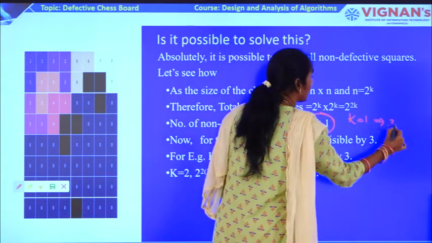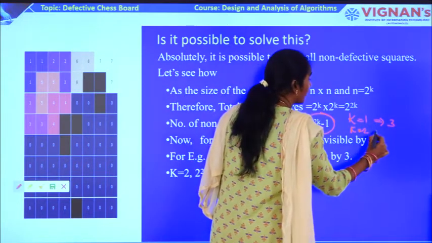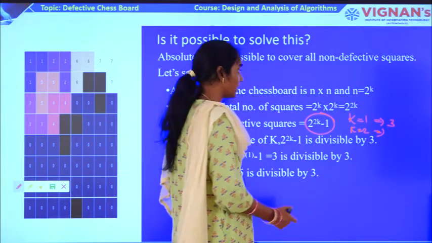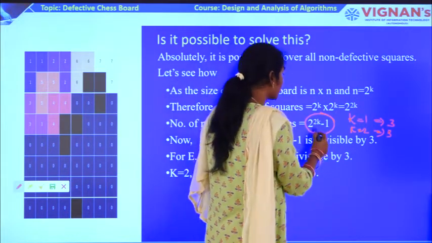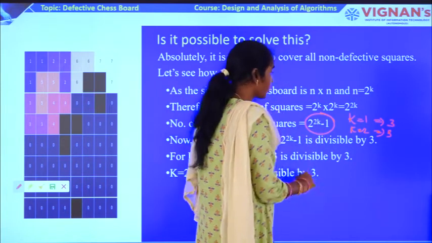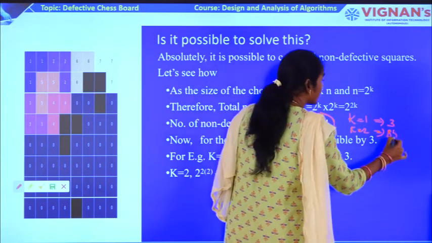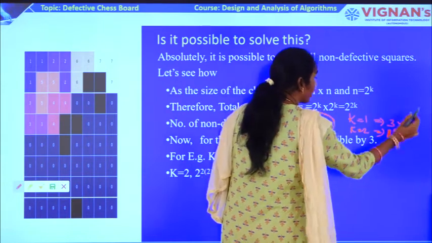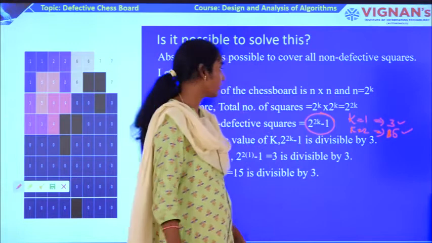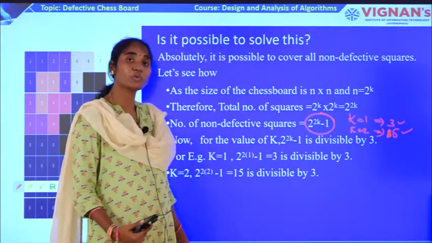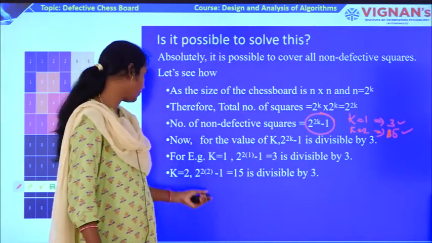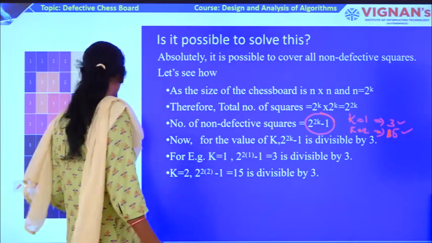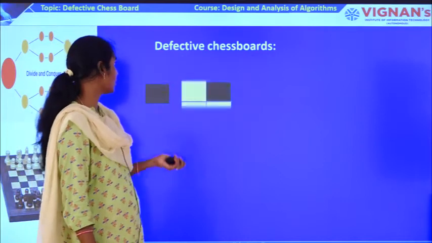When k is equal to 2, it is 2 to the power of 4 minus 1, which is 16 minus 1, which is 15. So 3 and 15 are both divisible by 3. So 2 to the power of 2k minus 1 is divisible by 3, and using this property we are going to find the solution.